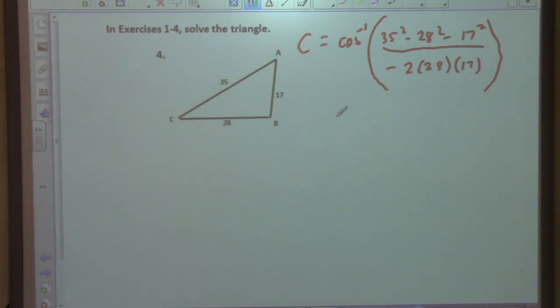And for this, C is going to be equal to, you said it was going to be 90 what? 99 point.